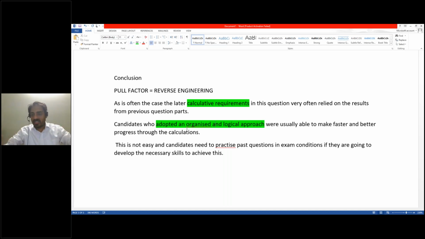I strongly suggest all students attempt the complicated part of AFM. Apply the pull factor. Pull factor means reverse engineering.